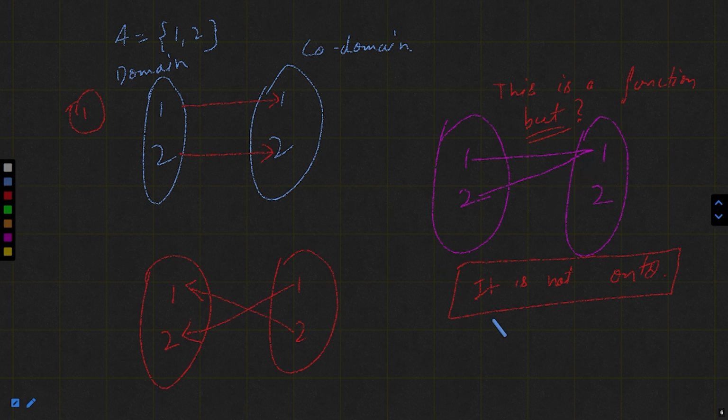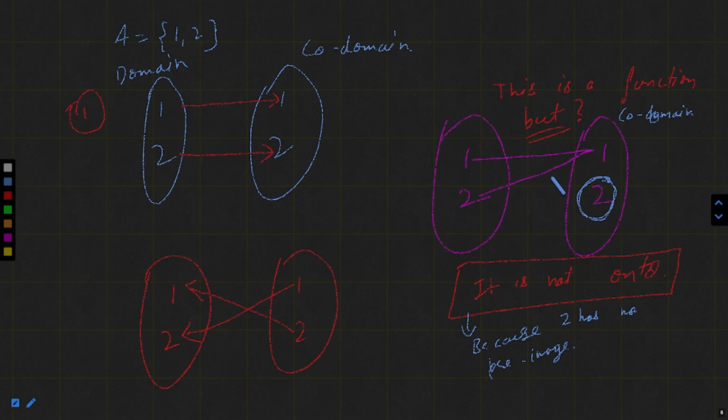Why is it not onto? Because in an onto function, no element in the codomain set is left living alone. As you can see here, 2 is not associated to any element, because 2 has no pre-image. In onto, every element in the codomain set must have a pre-image.